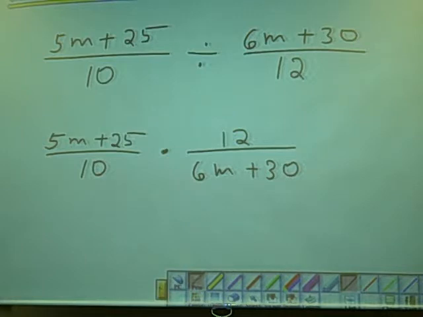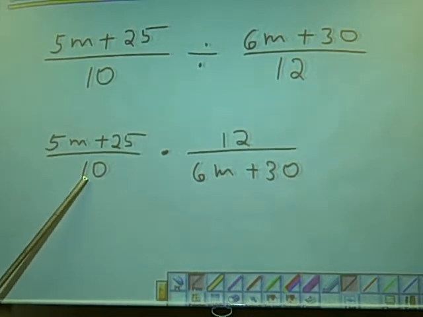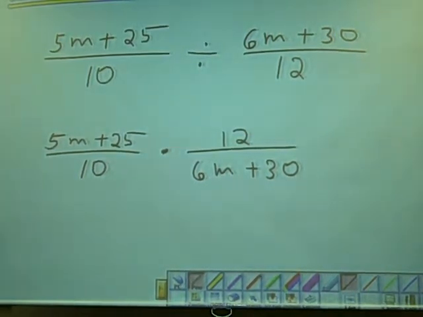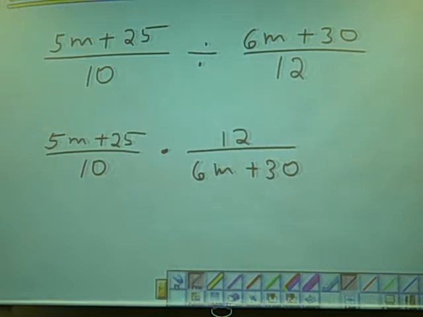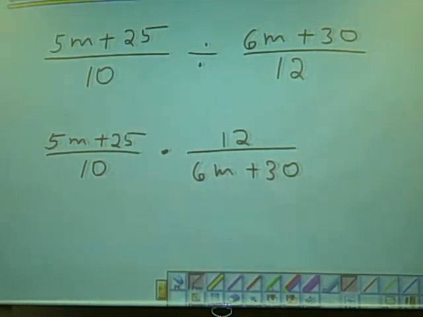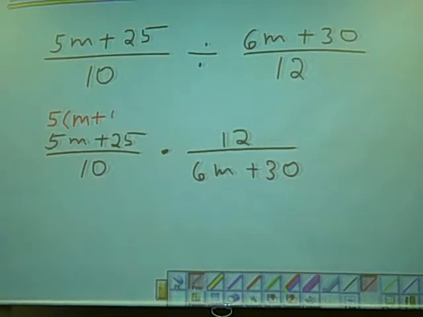Okay, now we want to see, can we factor here? Is there a common factor? We cannot cancel the 10 into the 5, right? Why not? You have plus 25. Yeah, because you got the plus 25, the plus there, right? But we can factor. Okay, so we factor out 5, and that leaves us with m plus 5. Well, how about the denominator?